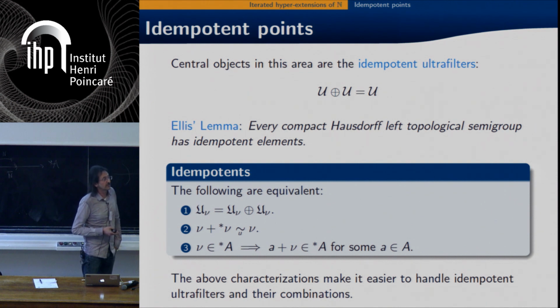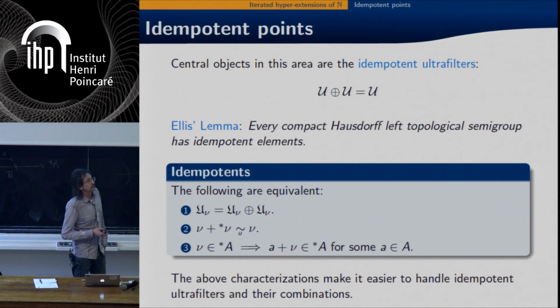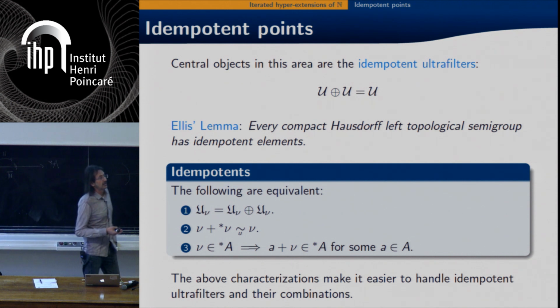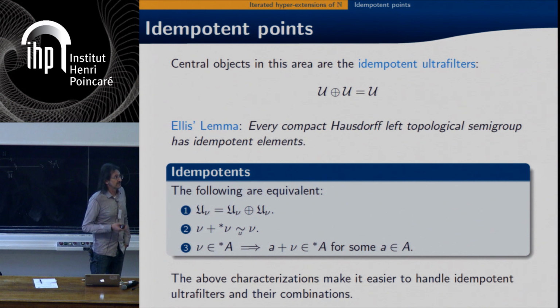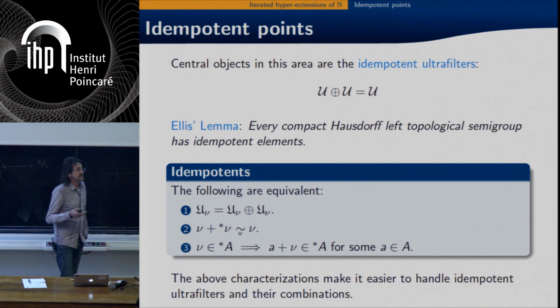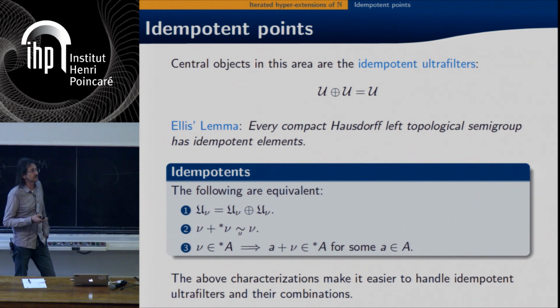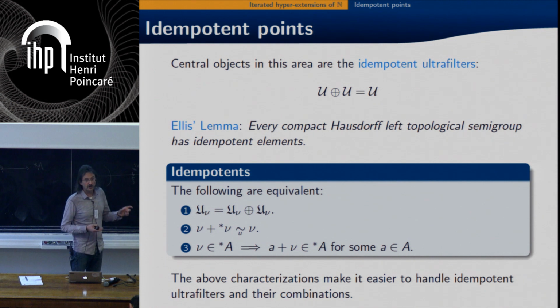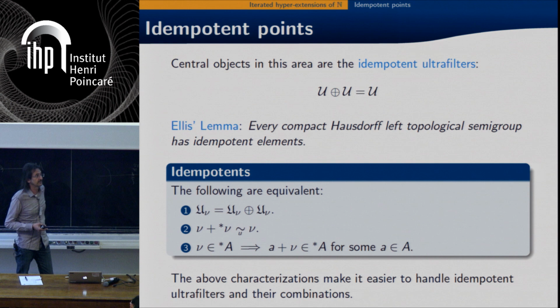And with our characterization, to be an idempotent element is the same as to say that the element Ni plus star Ni is equivalent to Ni. Another equivalent property is that whenever we have a set A and Ni belongs to star A, then it means that a shift of Ni by some element of A is again inside the same set.